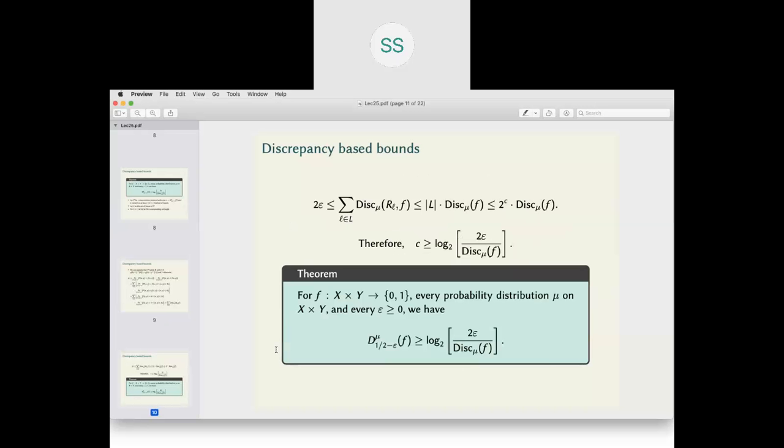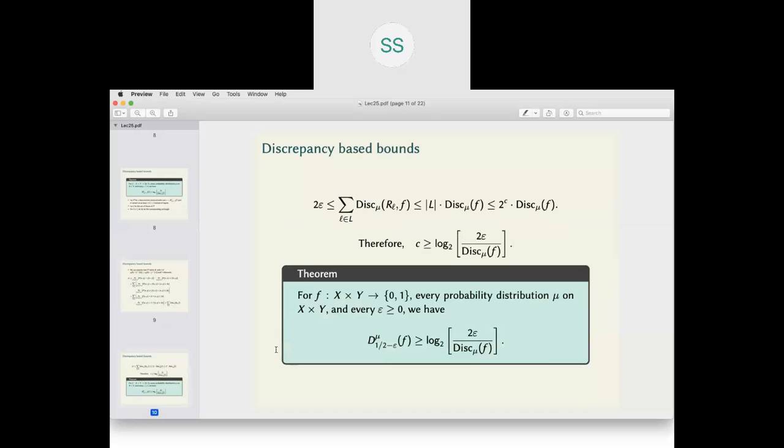But this is all upper bounded by the actual discrepancy of the function itself, because it's the maximum over all rectangles, which is also an upper bound on all the leaf rectangles. So there are L terms, and each term is upper bounded by the discrepancy of the function.